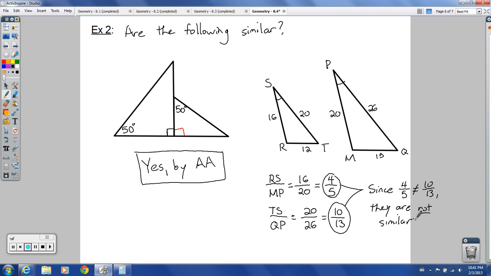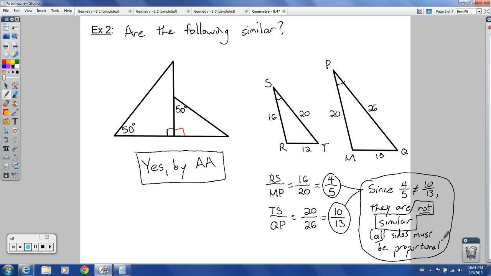And then in parentheses, let's write all sides, that's a better way to write that, all sides must be proportional.